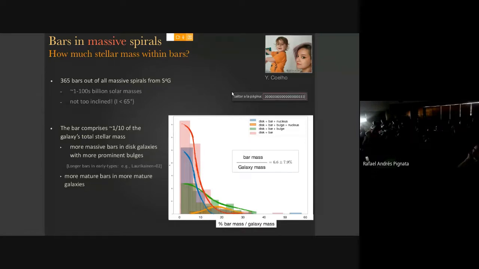And with these curves that I have drawn to guide your eye, you can see a tail of more massive bars, in the relative sense, in galaxies that have bulges. This points to the idea that as the galaxy goes through life, if nothing else is happening to it, its bar is acquiring mass, and you would find more mature bars in more mature galaxies that have bulges. So this is the kind of work that she's doing.